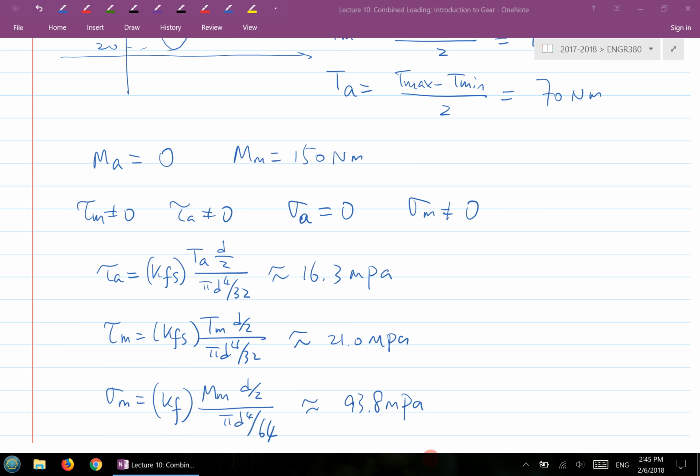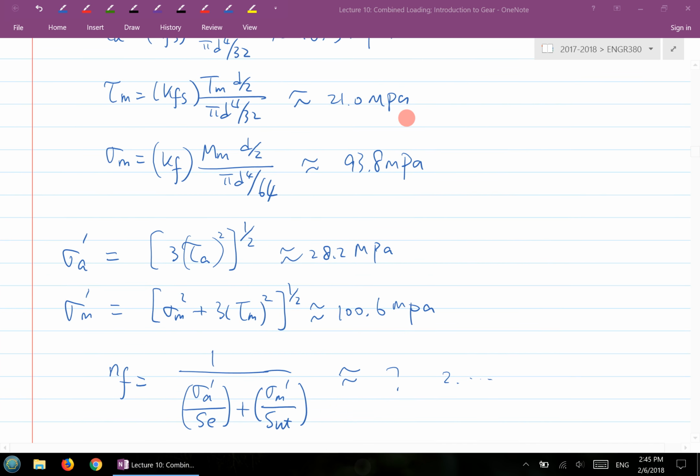And if there is fatigue stress concentration, then you have to find it out appropriately. Once you find it out, use the formula for sigma A prime and sigma m prime to get the equivalent stresses. Once you get that, you can apply it to the fatigue theory formula to calculate the safety factor. So that's the typical process for combined loading.